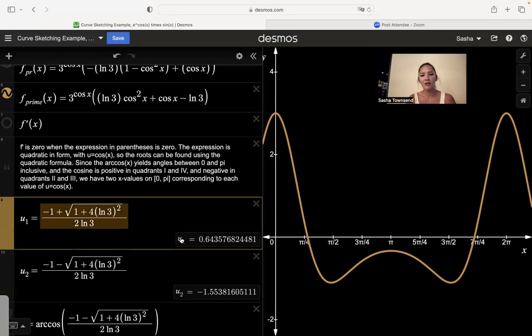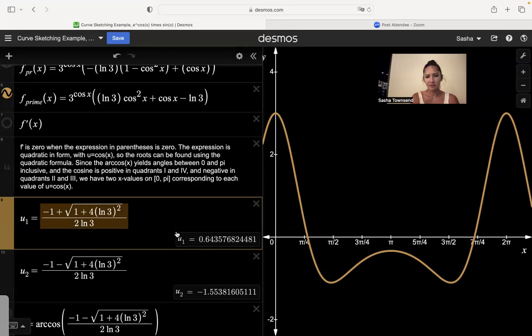So for my u1, I've got u1 equals approximately 0.644. And so what that is telling us is that I want the x values that give me a cosine value of 0.644. And there are infinitely many possibilities.